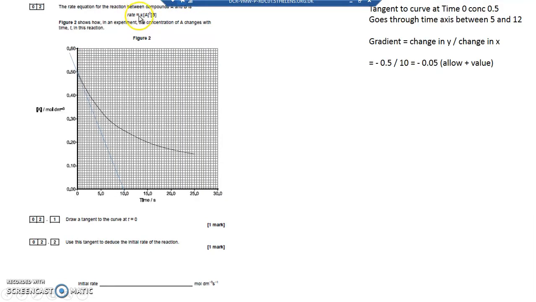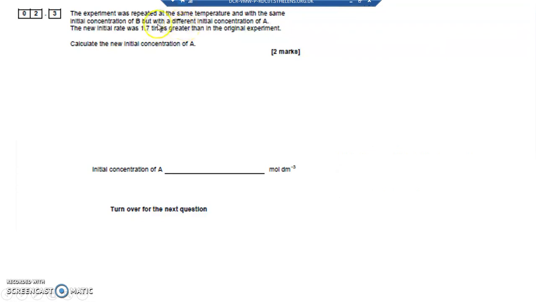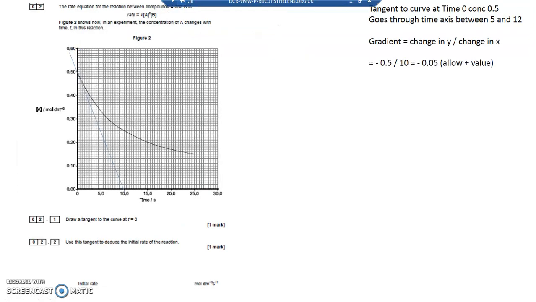So rate equals K, which stayed the same, multiplied by the concentration of A squared, multiplied by the concentration of B, and B has stayed the same. It now says that the rate is 1.7 times greater than it was in the original experiment.